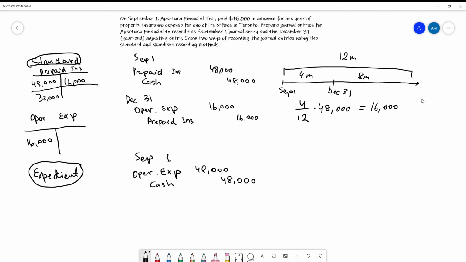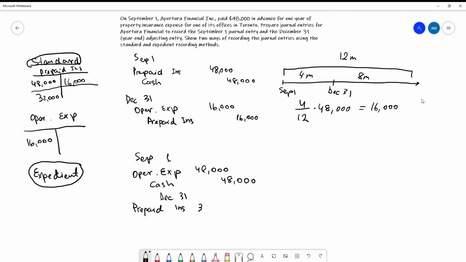So we have to account for the remaining portion of this expense that will go to the next year. To do that, we'll have this prepaid insurance account, and this is for December 31st. Prepaid insurance as of December 31st, we'll have 48,000 minus 16,000, because that's the amount that we'll still have by the end of the year.